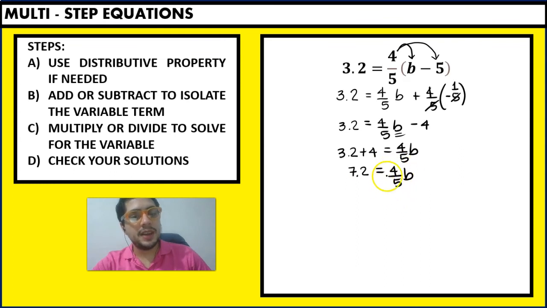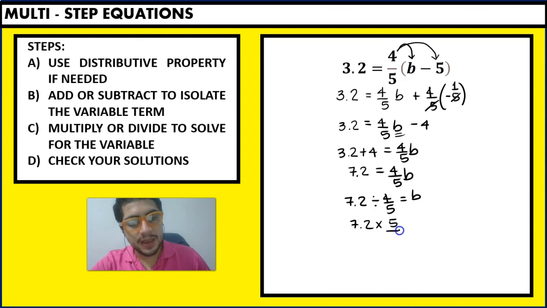Now, 4 divided by 5 is actually multiplying b. So when we pass it to the other side, we have to divide, right? So we divide by 4 divided by 5, which is the same as multiplying times 5 divided by 4, right?